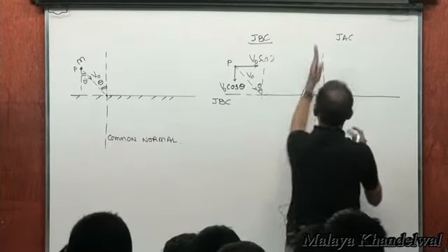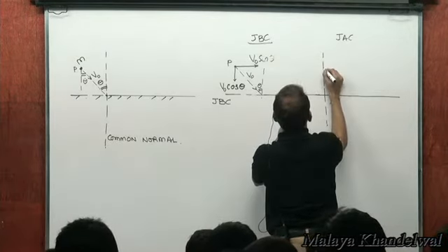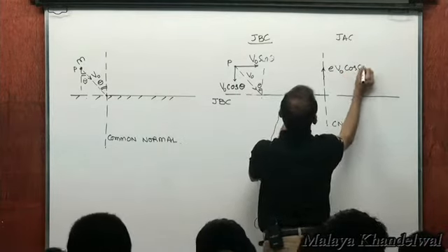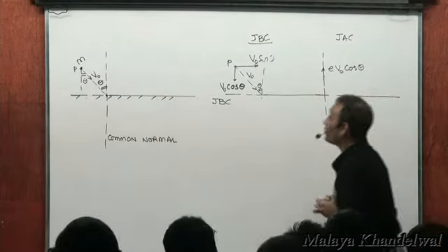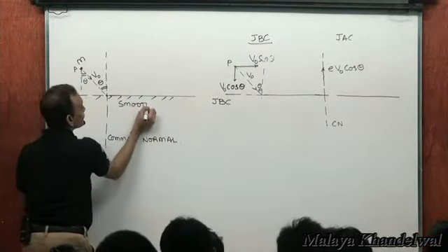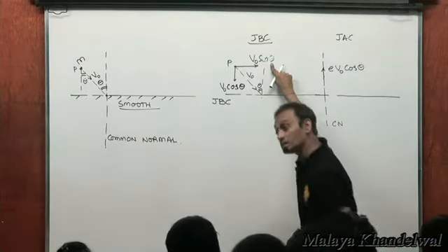So it will rebound in this direction with a velocity e v naught cos theta. Now if this surface is smooth, then this velocity after impact will remain the same.